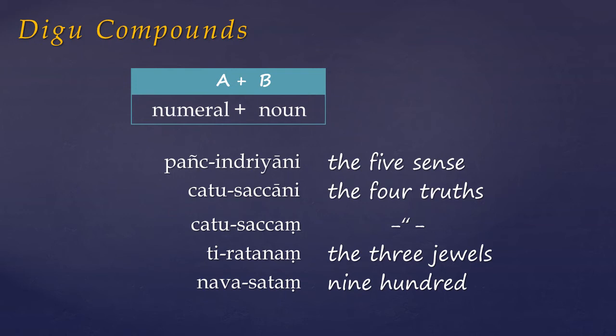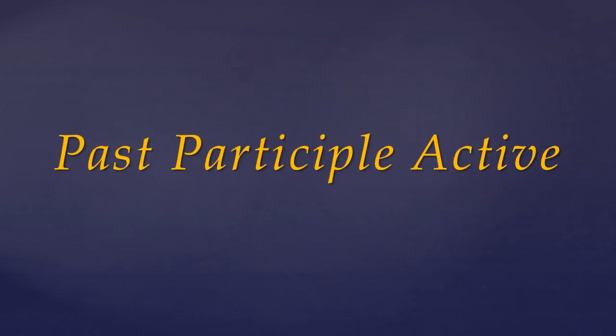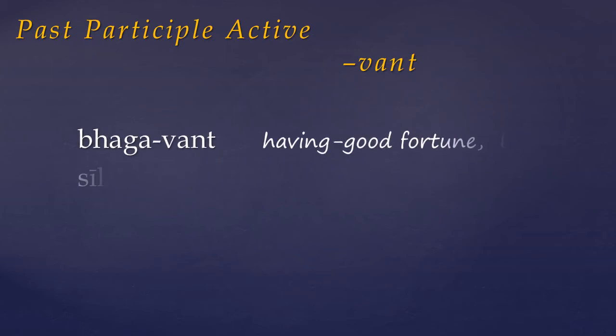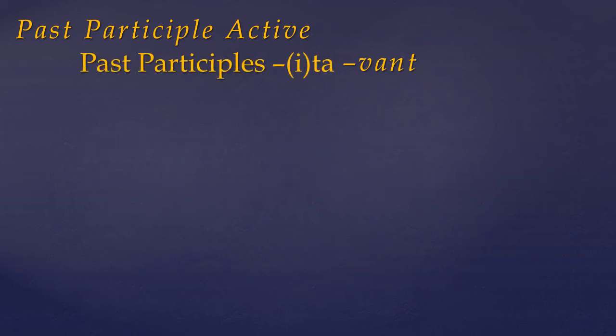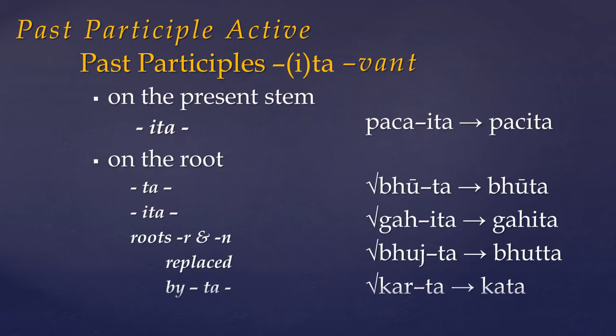Right, moving swiftly on to what Warder labels as past participles active. In lesson 20, I introduced the possessive secondary derivative suffix vant, which has the meaning to possess the quality of, or the one who possesses such a quality. Warder notes that very occasionally this suffix is applied to a past participle stem, which in turn are formed from stems or roots by means of the suffix ta or ita.